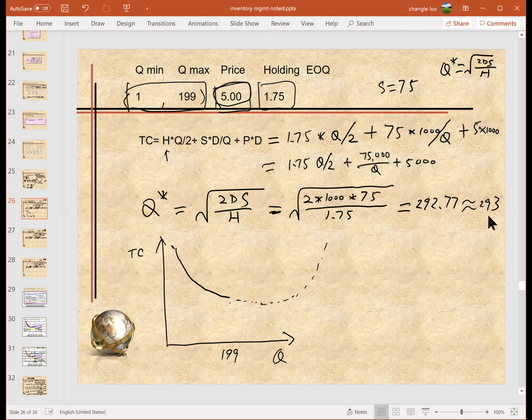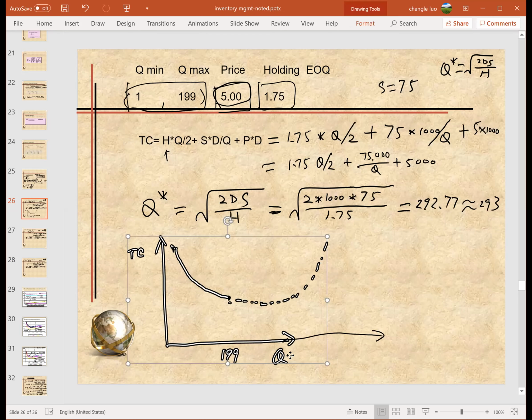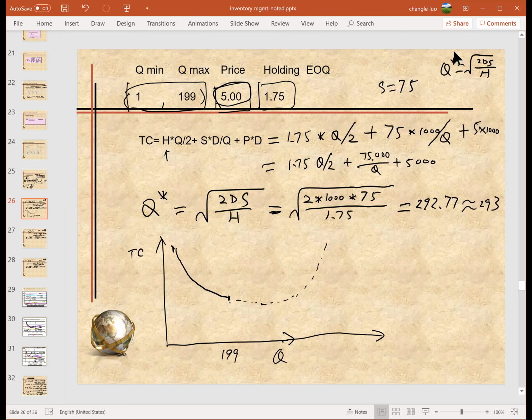I have to extend the Q here. The optimal is right here, 293 units. According to our EOQ calculation, it does not exist. It's not feasible.